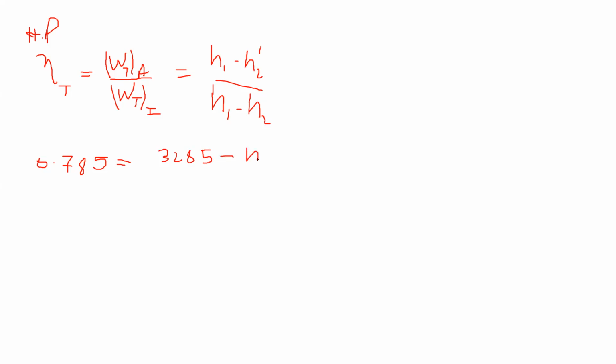We don't know the H2 dash value. We have to find that one. Here H1 is 3285 minus H2, which is taken from the Mollier chart as 2900.